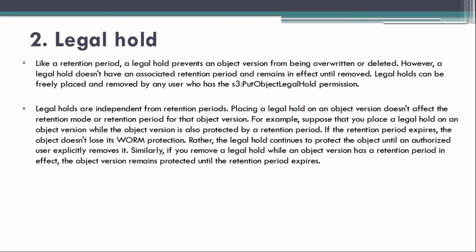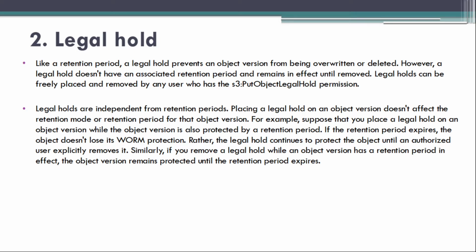Similarly, if you remove a legal hold while an object version has a retention period in effect, the object version remains protected until the retention period expires. So if you apply both modes on a single object, both will work independently. So it is working very well.